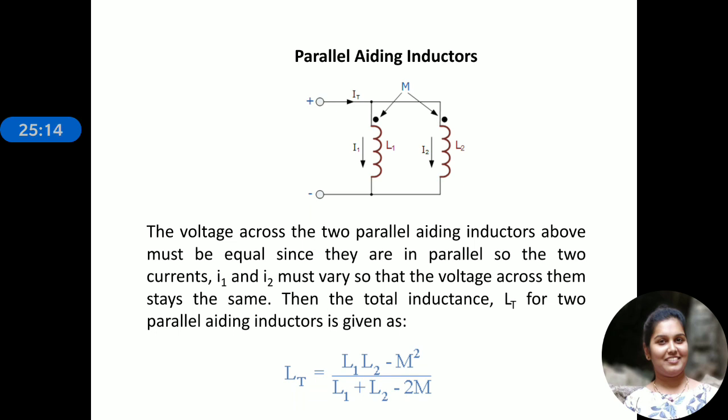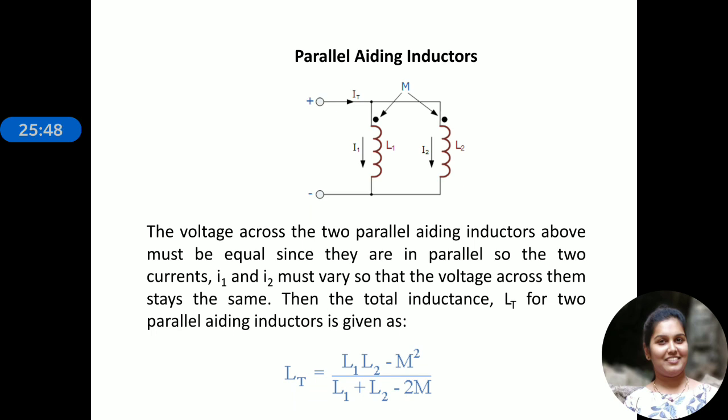If the two inductors are connected and the magnetic coupling is perfect, then the equivalent inductance of the two inductors in parallel is L, as LT is equal to L1 is equal to L2 is equal to M. However, if the mutual inductance between them is 0, the equivalent inductance would be L divided by 2. The same as for two self-induced inductors in parallel.